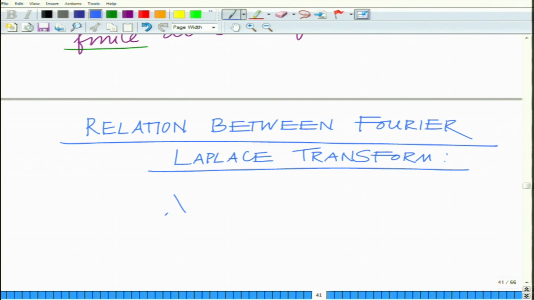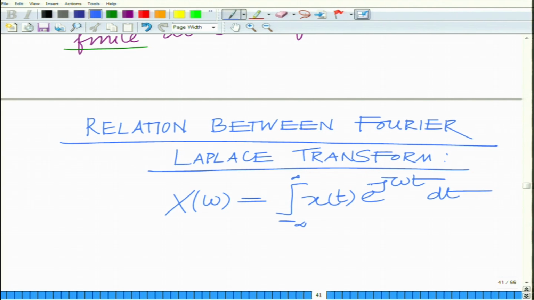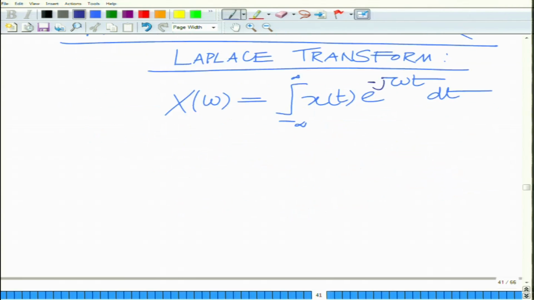And remember the Fourier transform: we have the integral from minus infinity to infinity of x(t) e raised to minus j omega t dt. This is the Fourier transform.